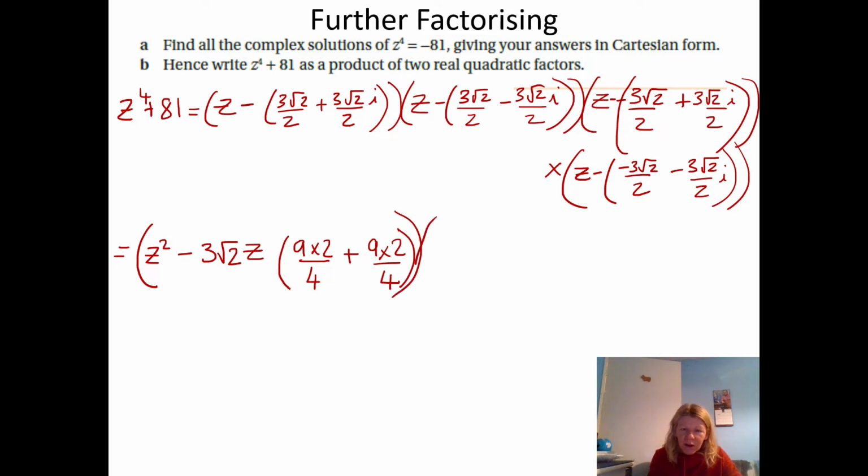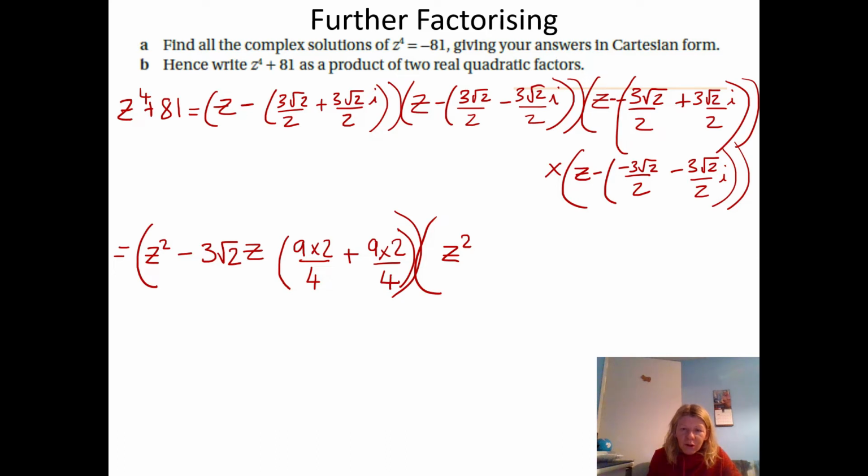And similar with these other two, these conjugate pairs, we get z squared again. We get z times this thing, but you have it twice, and it's minus minus, so be careful, that becomes plus.